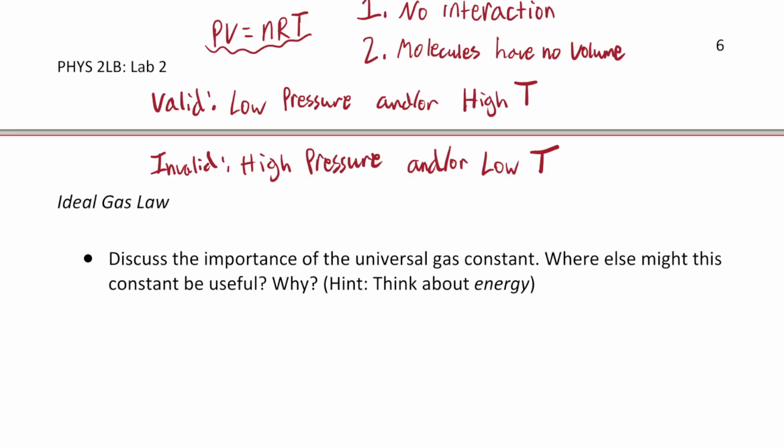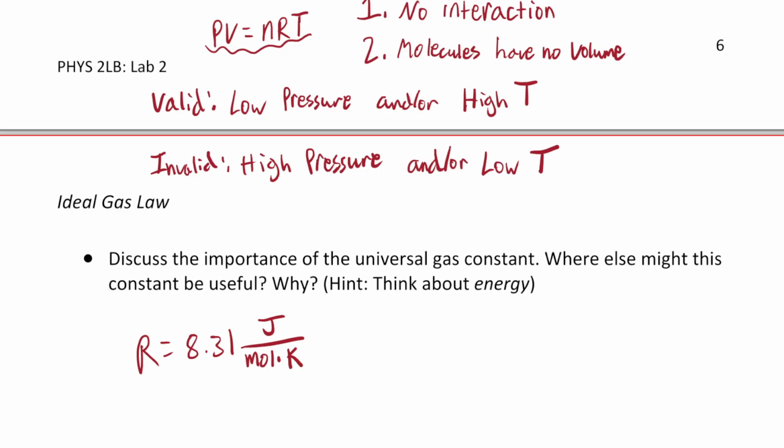And then the last question is about the importance of the universal gas constant, which is R. So remember that R is 8.31 joules per mole times Kelvin. And all this says is that it's the amount of energy that a mole of gas would gain if you increase its temperature by 1 Kelvin.